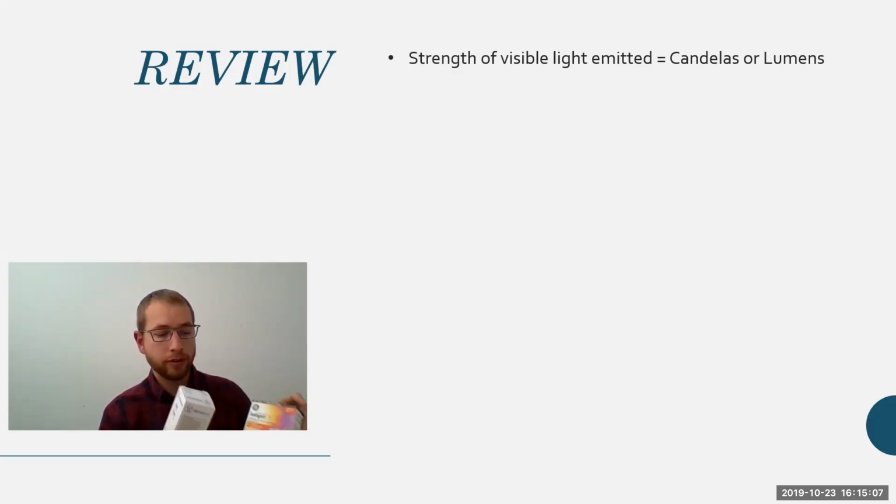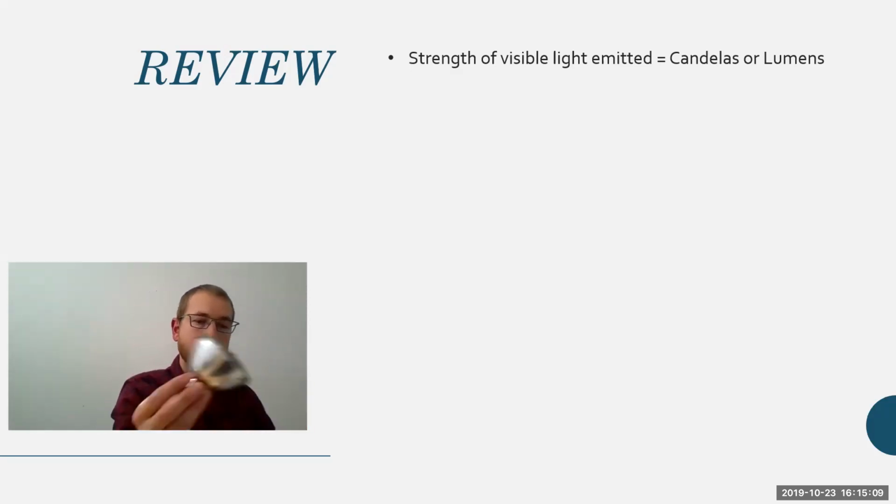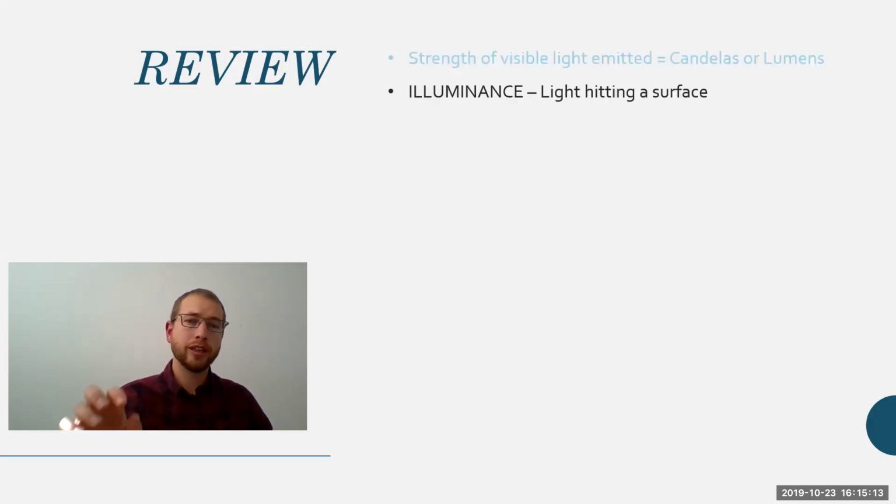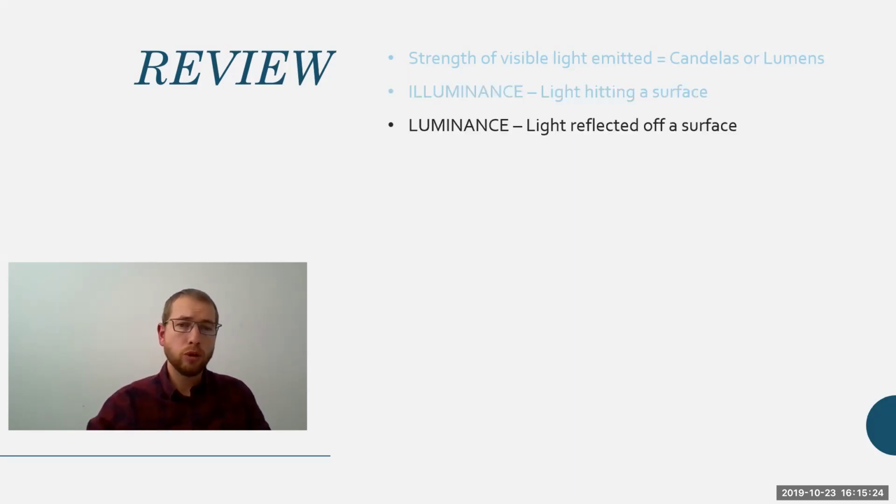But these are a little bit different, because one might be highly focused, in which case we want to be measuring the illuminance, or the light hitting a surface, as well as making sure we don't have any glare in the space, or luminance, which is light reflected off of a surface.